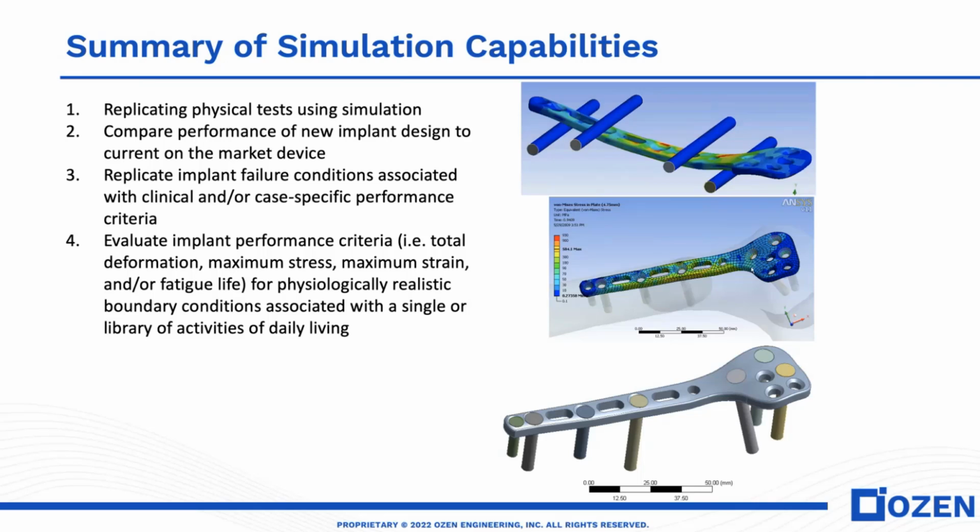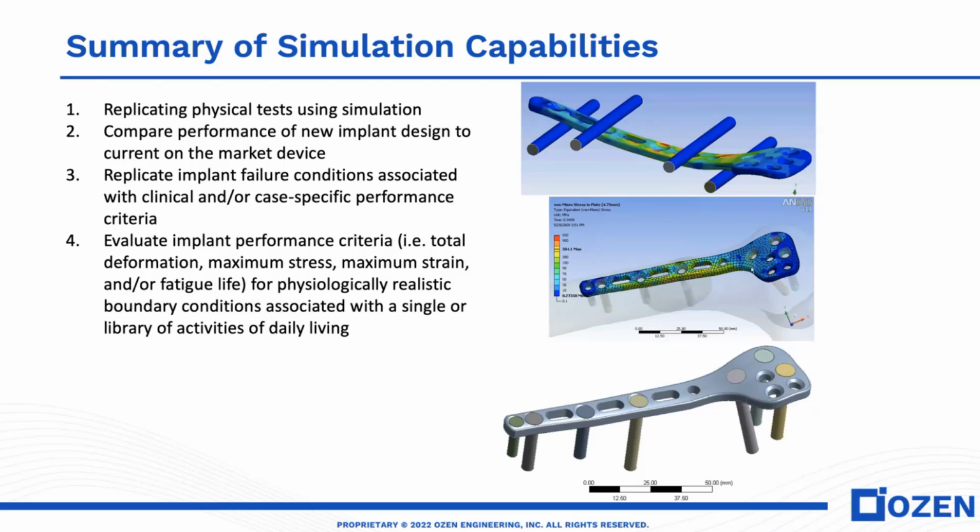But in summary, what we are proposing here is it replicates physical tests using simulation. So we are really emphasizing the use of simulation. And using this procedure here, you can compare performance of new implant design to the current ones in the marketplace.